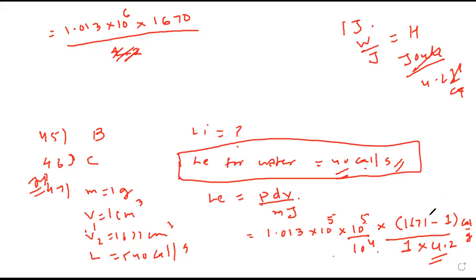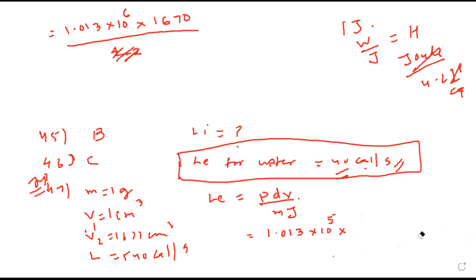First वाला I have converted in CGS. So I am leaving in SI and then at the end will convert. Otherwise you have to convert that as 4.2 into 10 raised to 7. अगर वो click होता है तो भी चलेगा. So first all in SI and then I will show you the conversion.